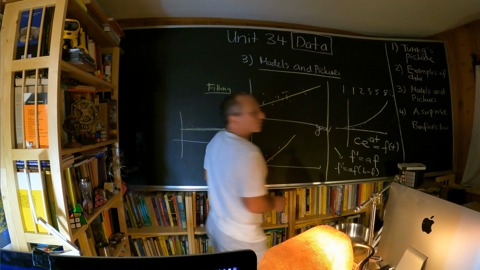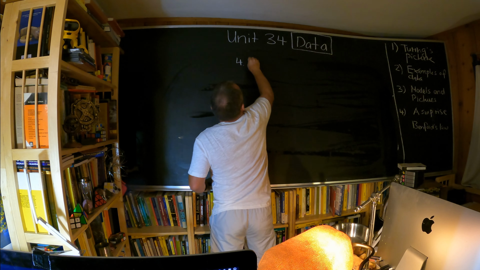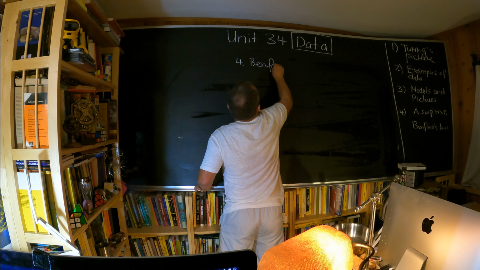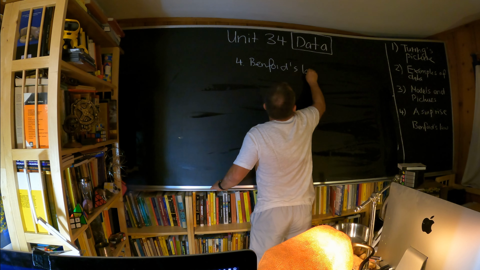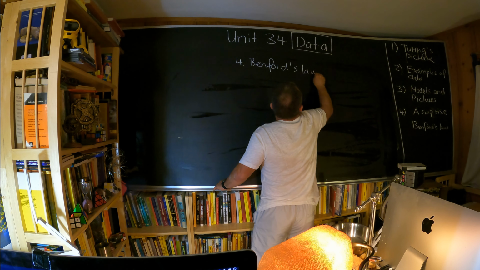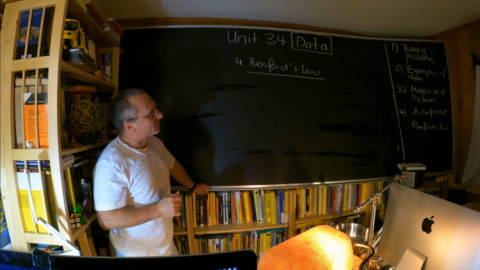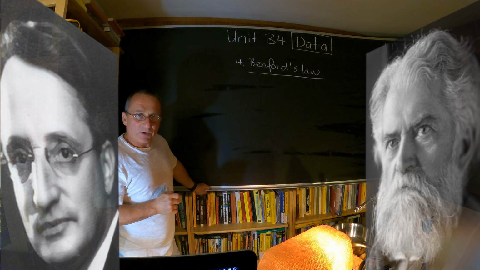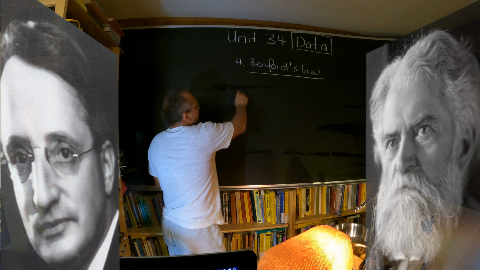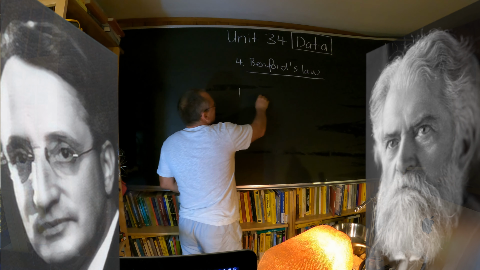I want to end this with a surprise. That's also something you're doing in the homework, actually for two problems even. What you can do is look at the doubling sequence.